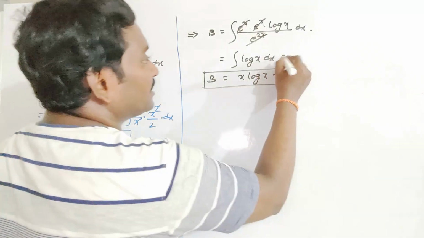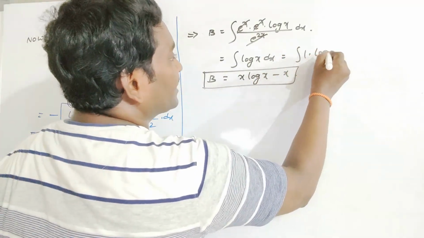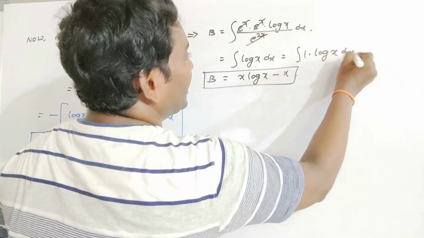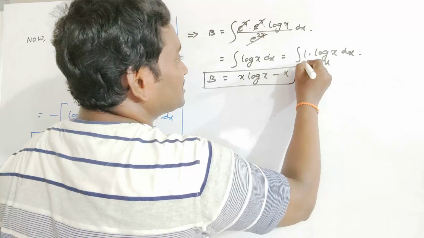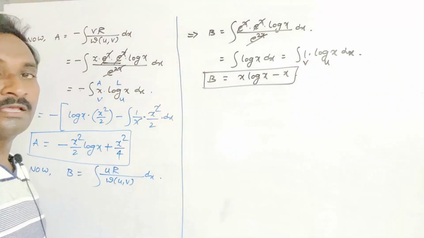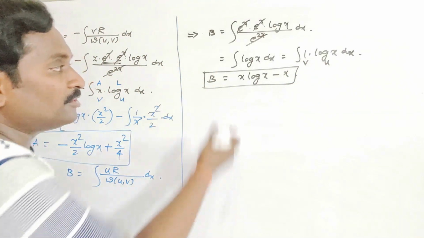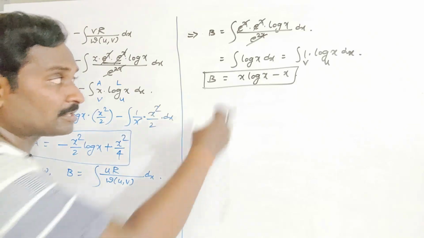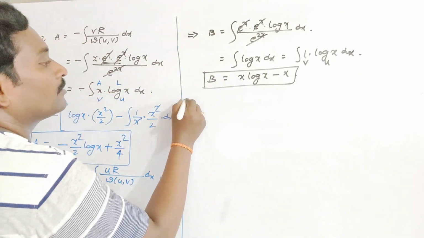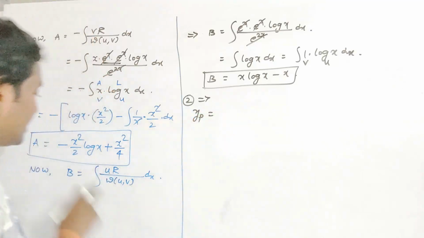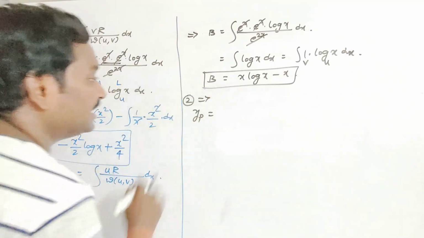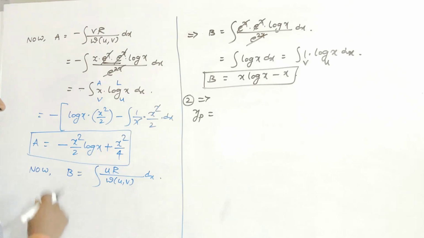If you write the integral of log x as 1 into log x into dx, by the ILATE rule again, this is the first function and this is the second function. Now you can apply the integration by parts formula, and you can easily get this term. Now see, equation number 2 implies yp. Replace the a value and b value in equation number 2, so you will get yp.